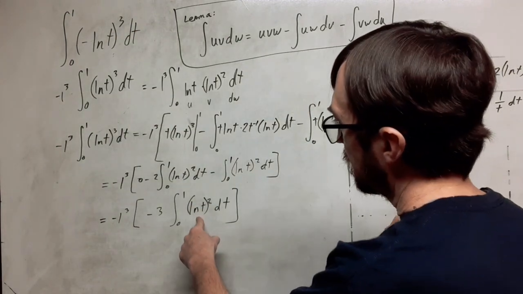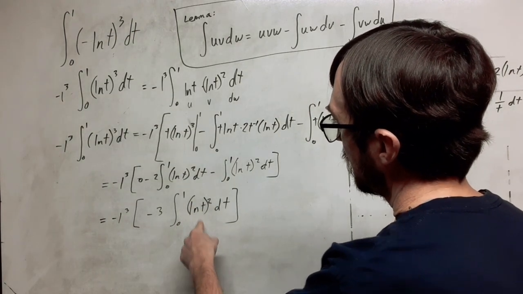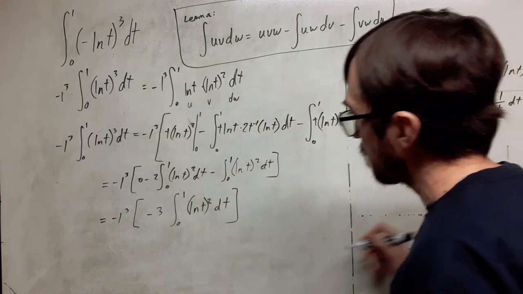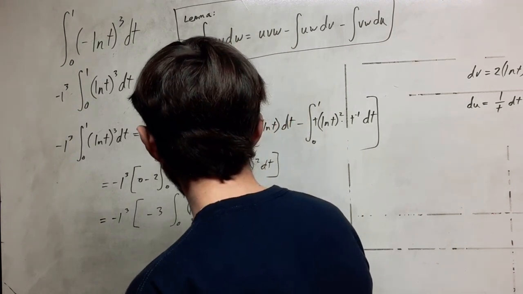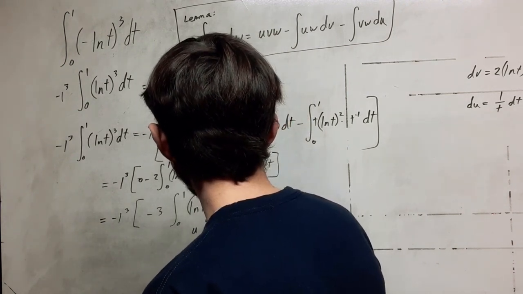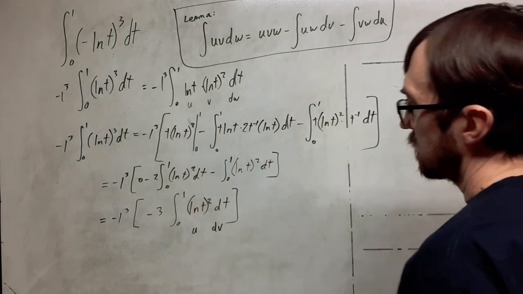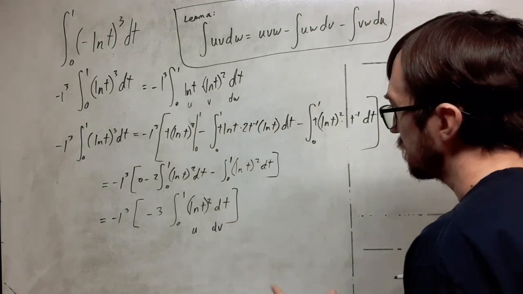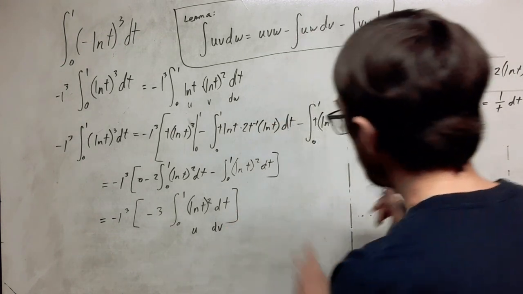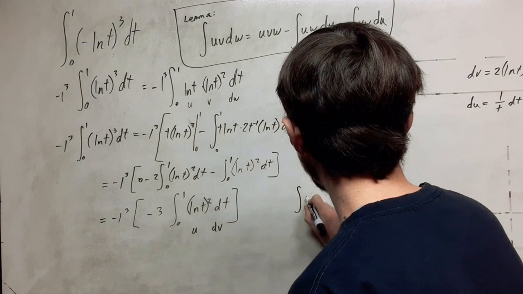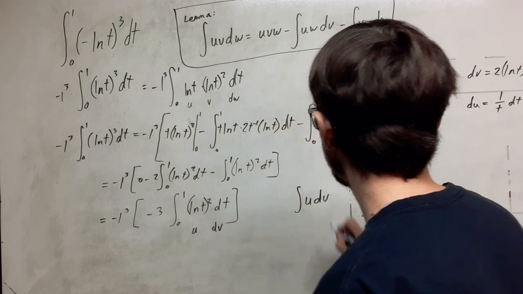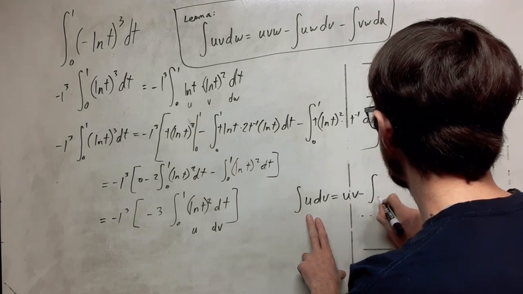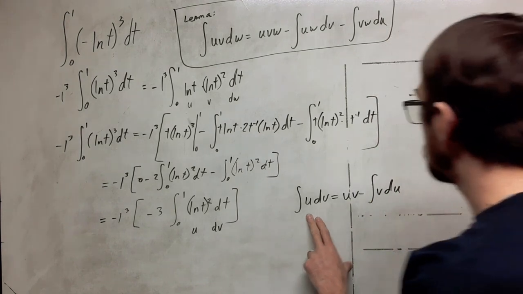And then on this integral right here, I can use my traditional integration by parts. We can call this piece u, and we can call this piece dv, and we can do our integration by parts that way. If you don't remember what that is, we have the integral of u dv is going to be equal to uv minus the integral of v du.